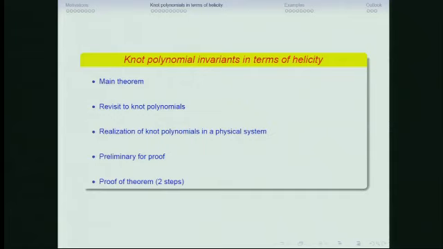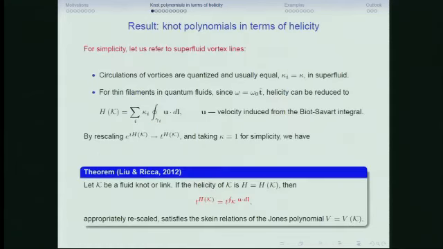Okay, now let's move to the main theorem of our work. We will give the proof of the theorem. Before the proof, I want to revisit knot theory a little bit. The main results.